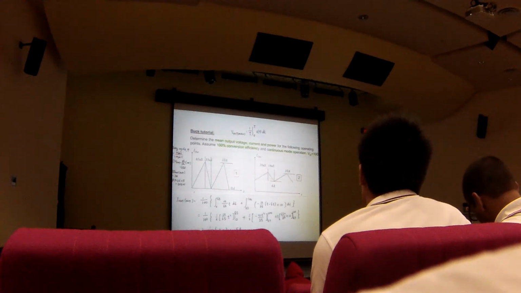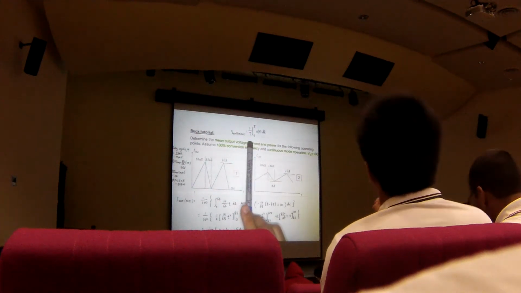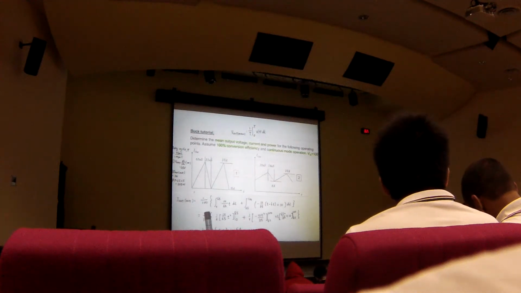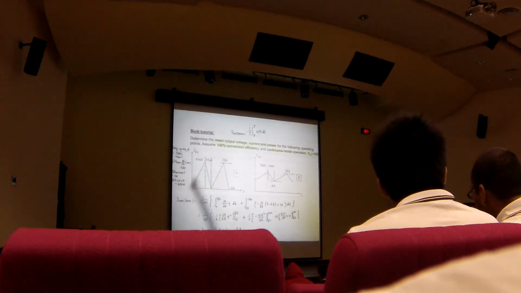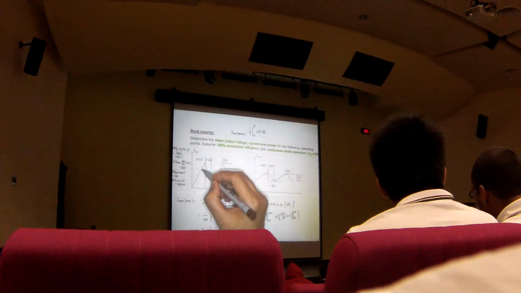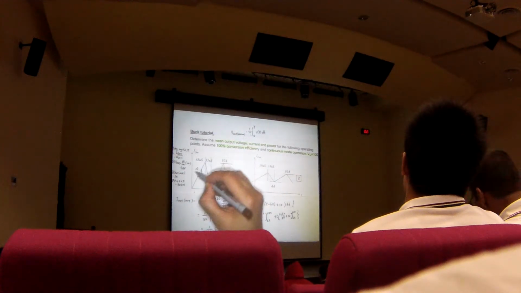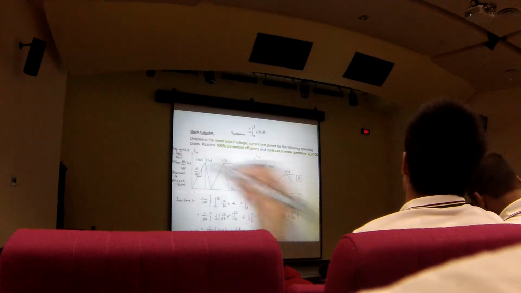So you have 1 over T, your T is 100. And you know that there's an increasing slope. What's the gradient of this slope here? I hope you know this, 10 over 65.